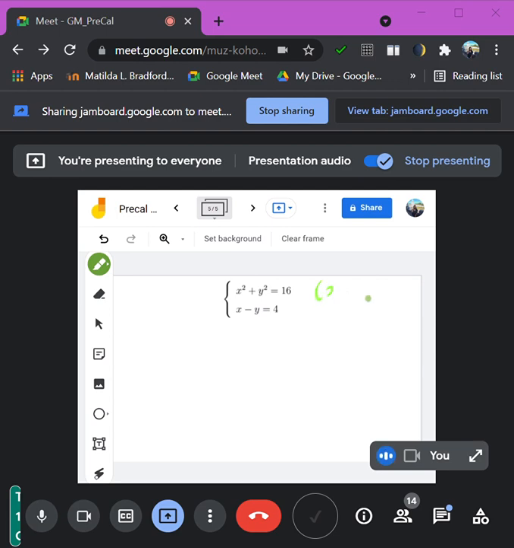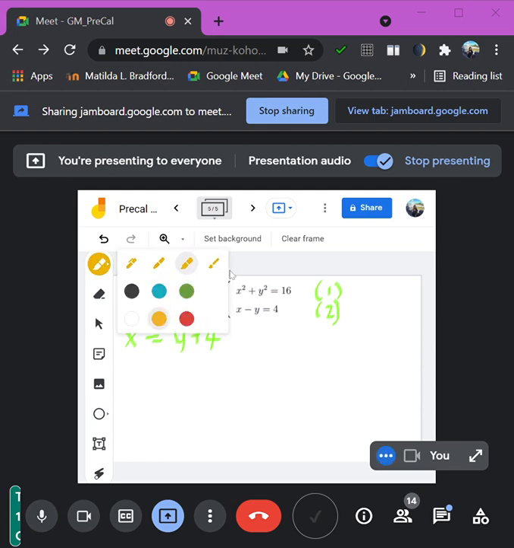This is the first and this one is the second. I will express the second equation in terms of x. So x is equal to positive y plus 4, since it was moved over. And then I can substitute this value of x into our first equation.